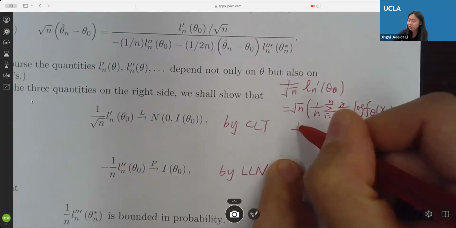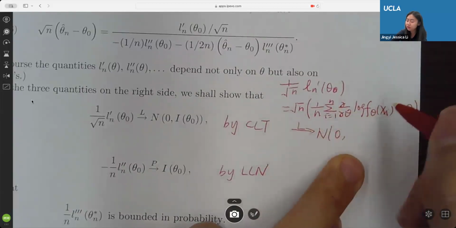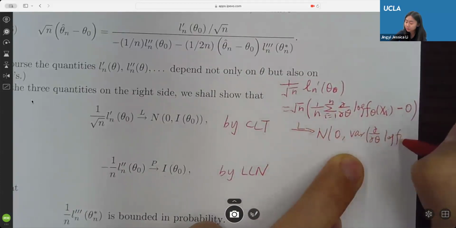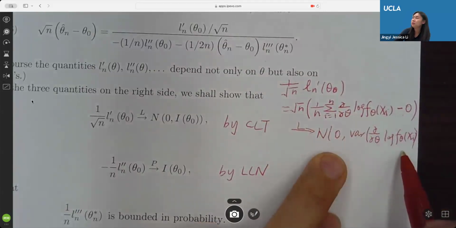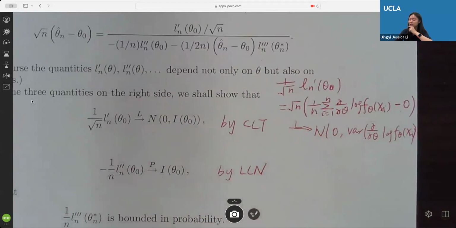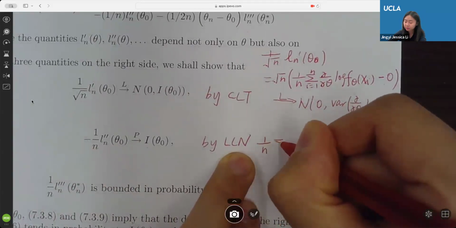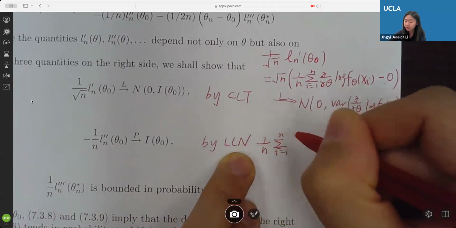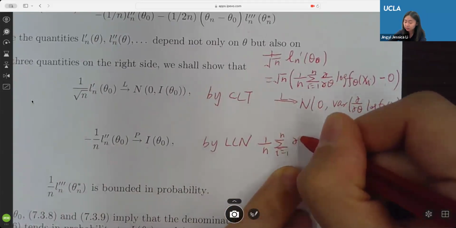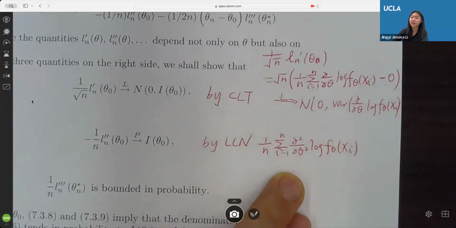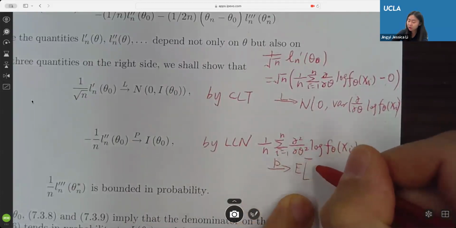And this by CLT will converge in law to a normal distribution. And the variance of this is Fisher information. I'm trying to just derive what the central limit theorem is like. And for this one, 1 over n sum, and this by law of large numbers will converge in probability to the expectation of one term.